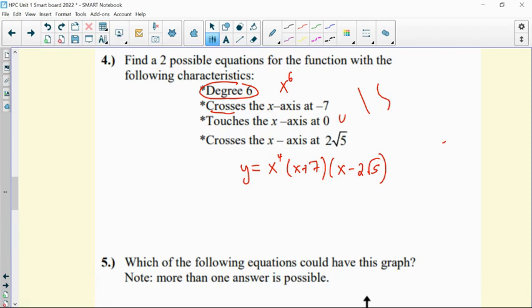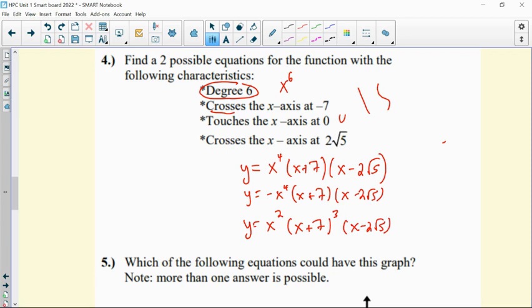We could get a second answer by just simply making it negative, right? Just changes the end behavior, but doesn't say anything about that. That works. But now we can get a little more creative with our exponents. We could make it x to the 2nd power, and then make this one, let's say, cubed, and then this one a linear or a single multiplicity.